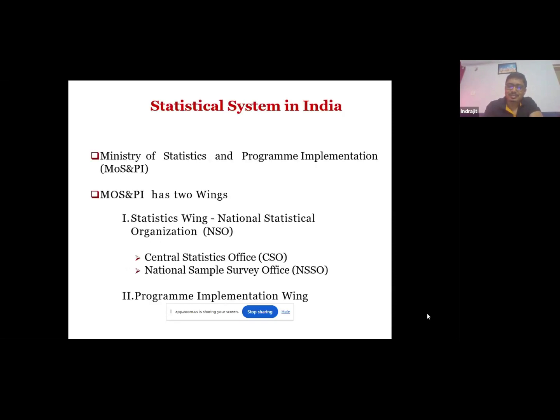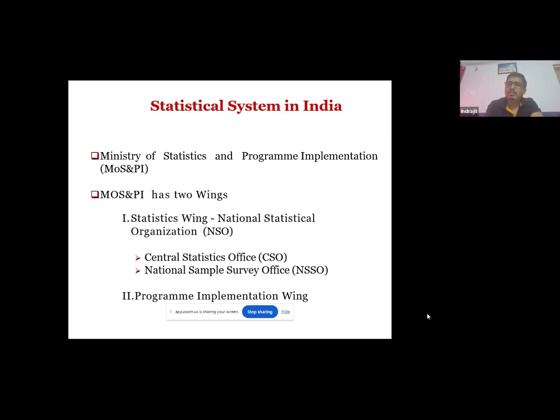NSSO is also a very large data set, as I had already stated. These data sets are provided by our Ministry of Statistics and Programme Implementation, in short MOSPI. MOSPI has two wings: one is the statistics wing and the other is the programme implementation wing.